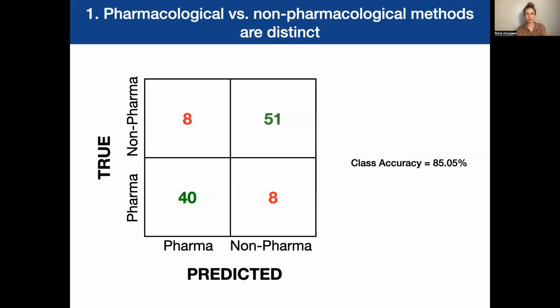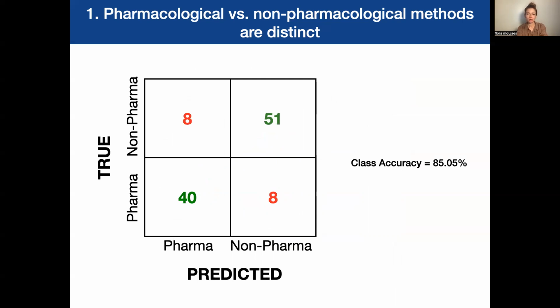And then when we conducted a machine learning analysis using a support vector machine to classify each subject as either a pharmacological or non-pharmacological condition, we did find that the resting state functional connectivity changes induced by pharmacological and non-pharmacological methods are predictive at the individual level.